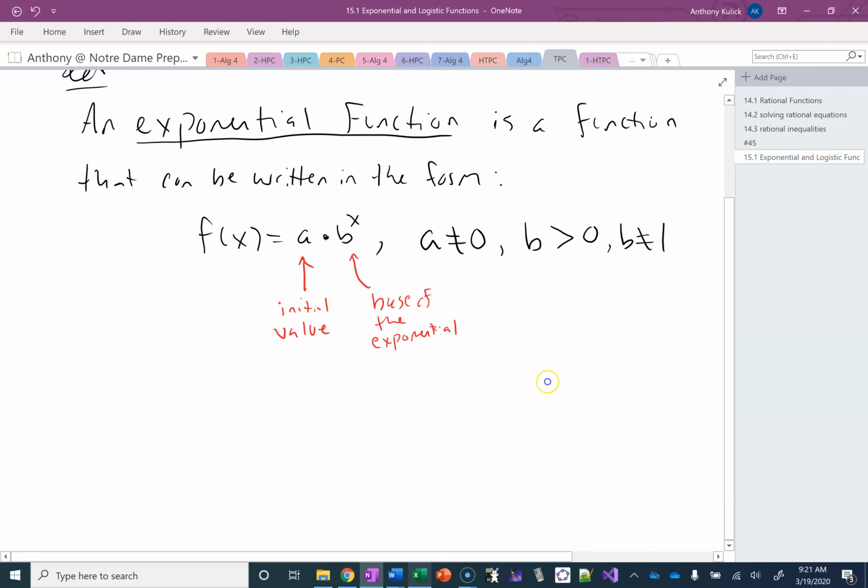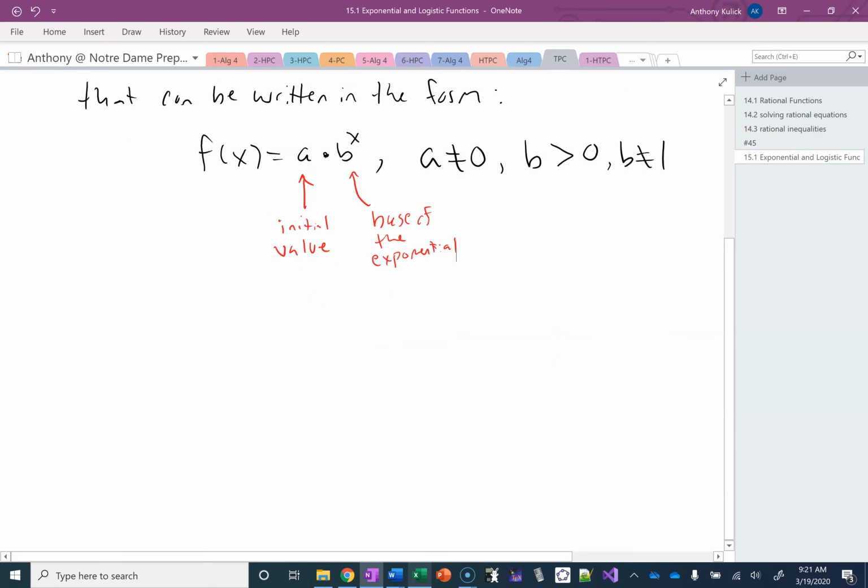If we look at this, though, we can note some end behavior here. So recall that we have this property of exponents.